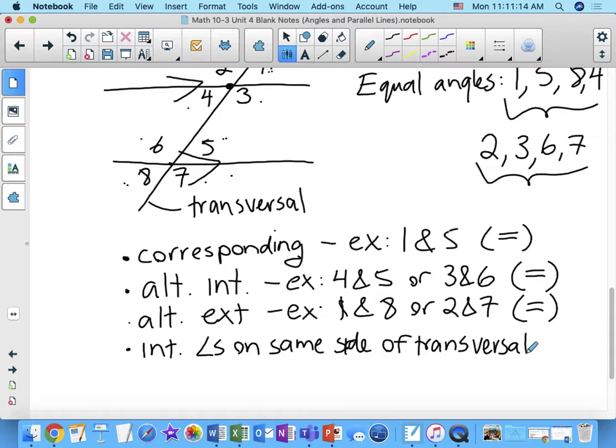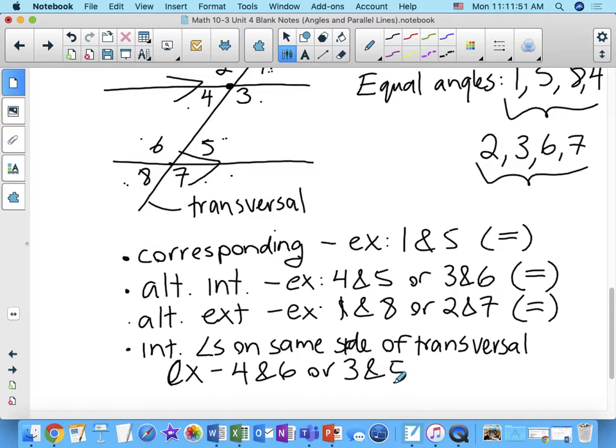So we're looking at interior angles, ones that are on the inside, and they're on the same side of the transversal. What would be an example of a pair that fits that description? Inside angles that are on the same side of the transversal. 4 and 6, because they're on the inside and they're the same side of the transversal. Okay, so for example, 4 and 6, or 3 and 5.